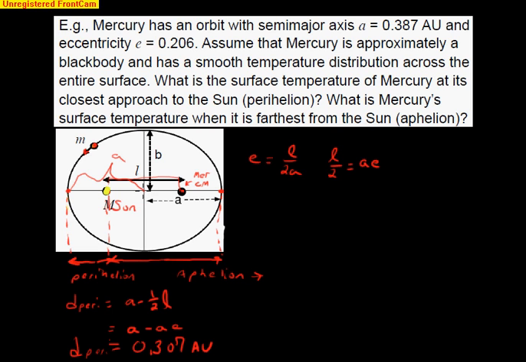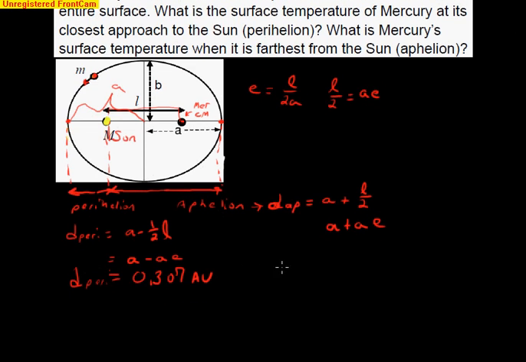Well, we have A plus half of L. So distance aphelion is equal to A plus L over 2. And L over 2 is the same thing as AE, so we can go A plus the semi-major axis times the eccentricity. This works out to give us our distance for the aphelion equal to 0.467 astronomical units.